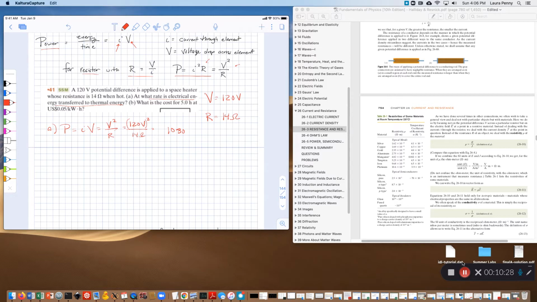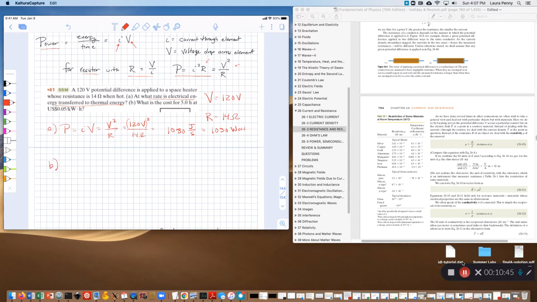Now this is a joule per second, right? Energy per second. Officially, this is a watt. But that's our rate of energy transfer.